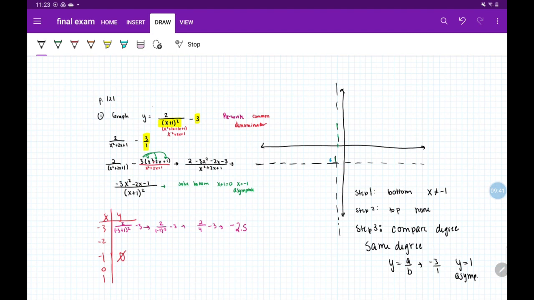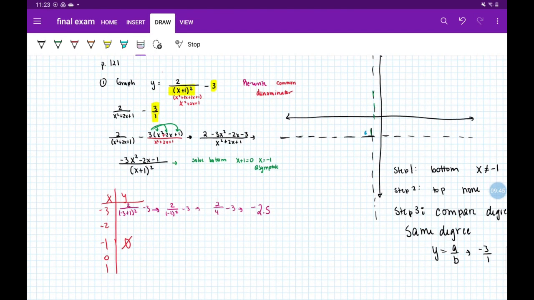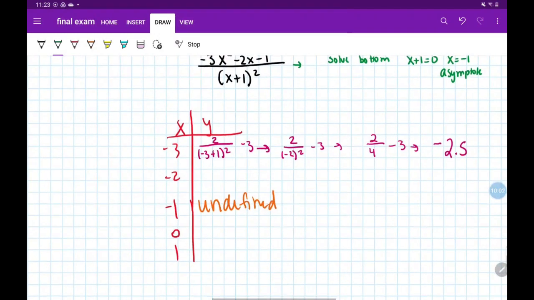And then after that, you make a table. So negative 1 when you plug in is undefined. So I just did 2 points to the left and 2 points to the right. So far I got negative 2.5. And I'm going to plug into the original equation, not the common denominator equation.